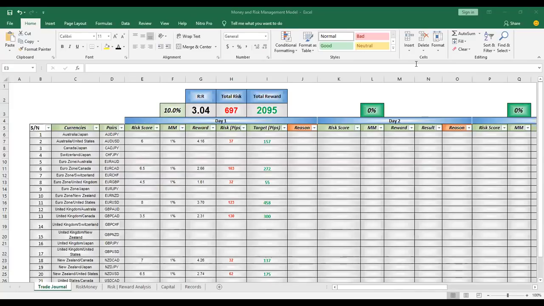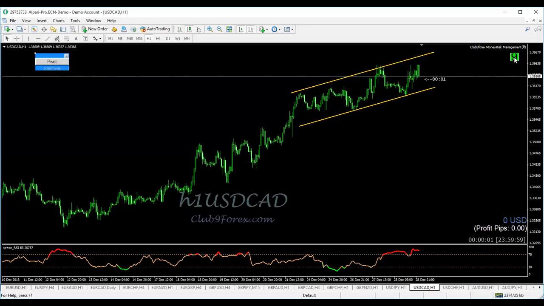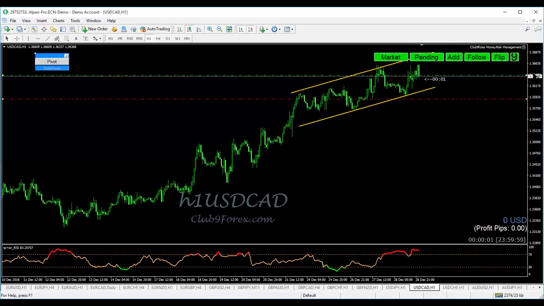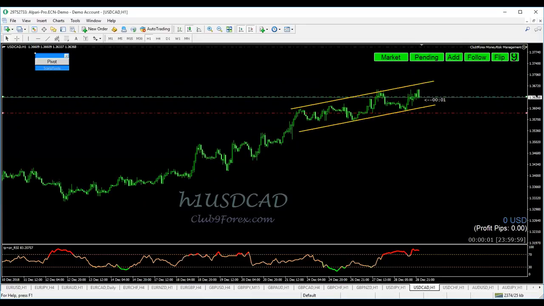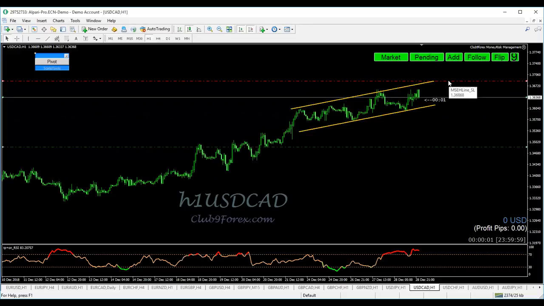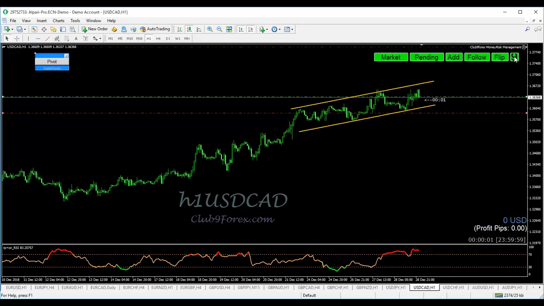So I have opened this thing right now. Let me share it. I've opened this right now, and if I want to be selling this position right here, let's say I want to sell it, all I need to do is click on flip, and what you will realize is that there is something that will be moving.